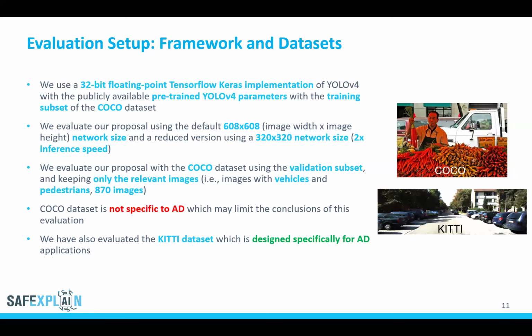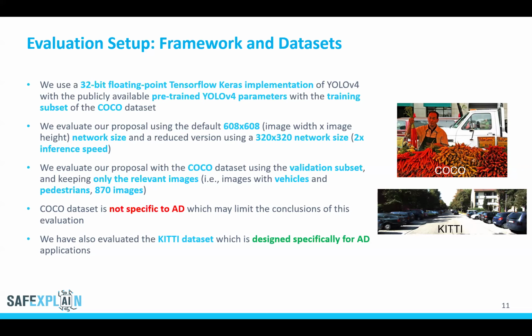And then we have evaluated our proposal with two network sizes, with the default that is 608 times 608, and then also a reduced version that is 320 x 320, that basically gives 2x inference speed at the cost of a bit of accuracy loss. Although on that evaluation part, I will not go into details about the 320 by 320, because basically the conclusions are the same, so we'll just focus on the main one.